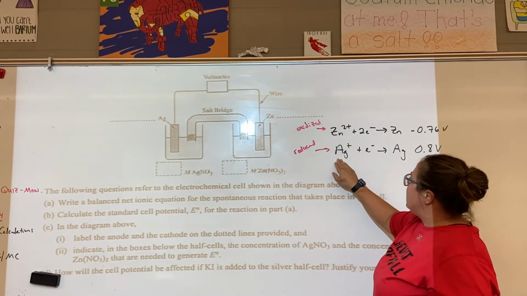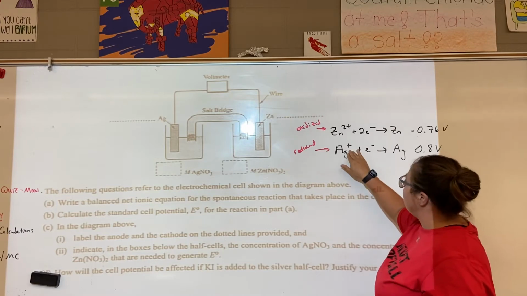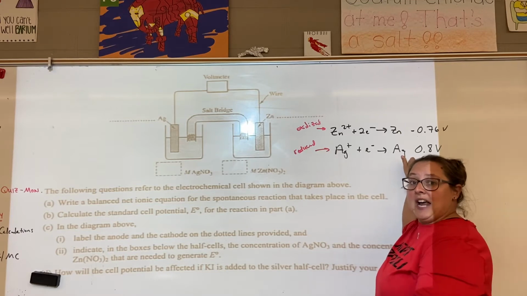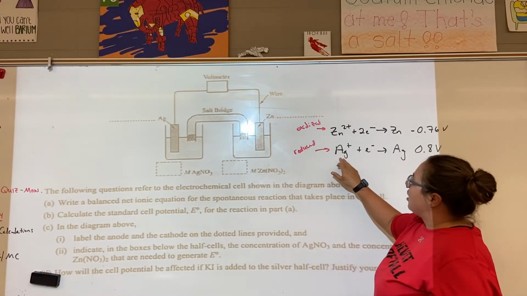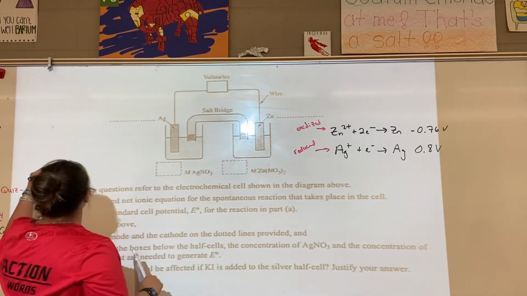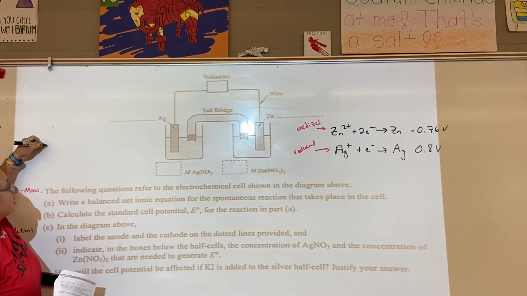So if I want my Ag to be reduced, I want my charge to go down from my reactants to my products. So I'm going to write the solution, AgNO3, as my first reactant.